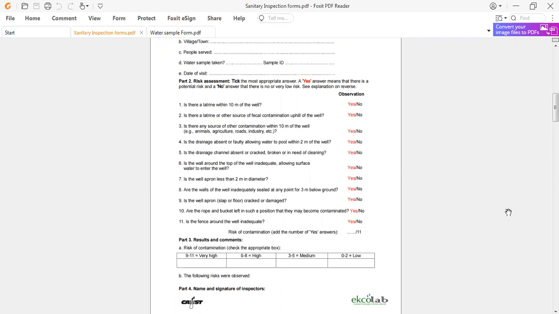The water coming from 1 to 3 meters is still runoff and is very contaminated.